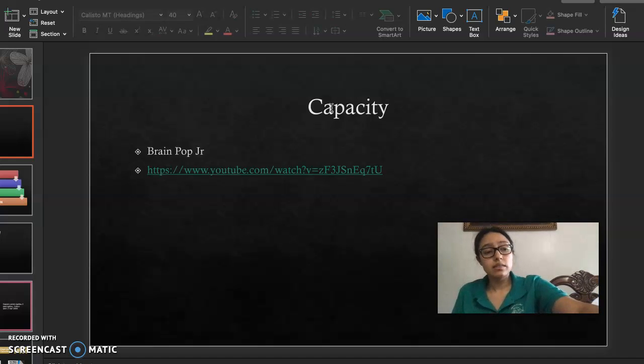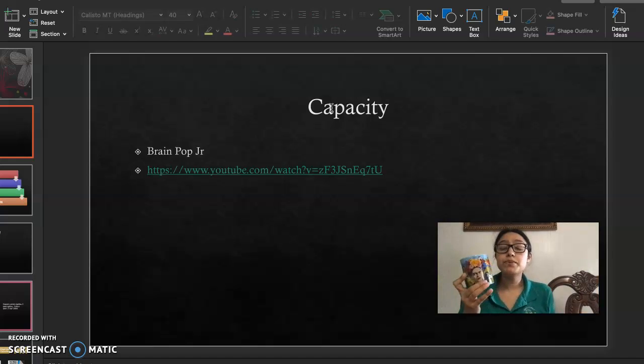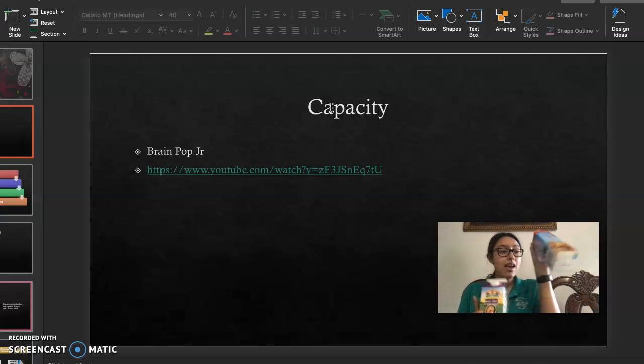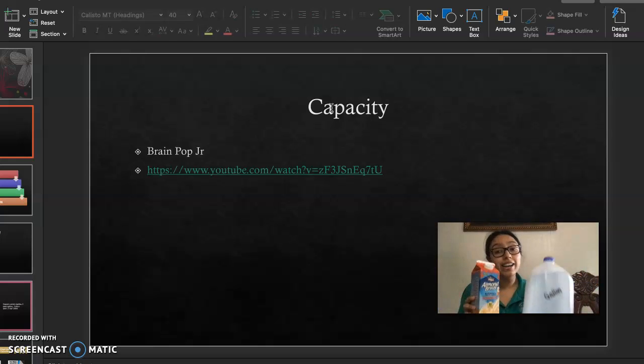So today we were talking about cups, pints, quarts, and then a gallon. So then we learned how many cups are in a pint, and we learned how many pints are in a quart, and we learned how many quarts are in a gallon.